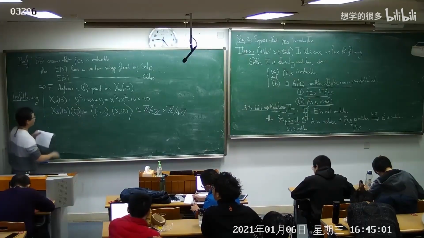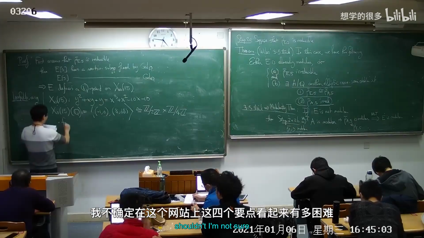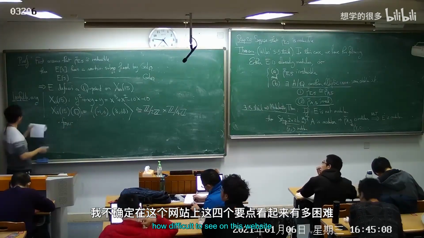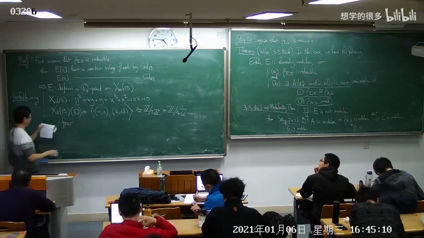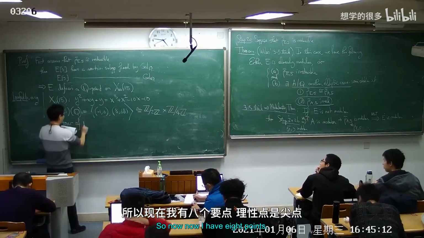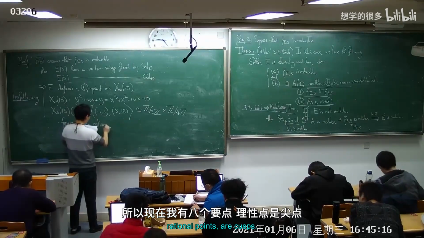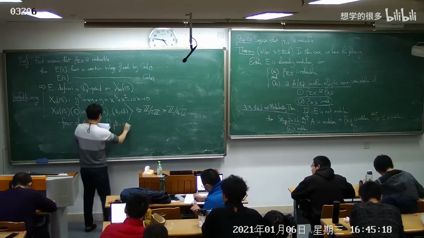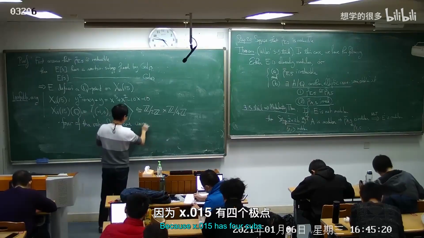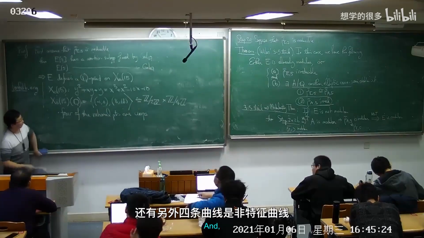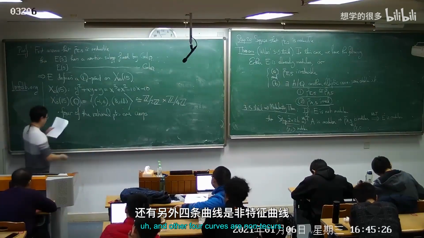I'm not sure how difficult it is to see on this website, but there are 4 of the points. So now I have 8 rational points. Four are cusps, because X_0(15) has 4 cusps, so that takes up 4 points.